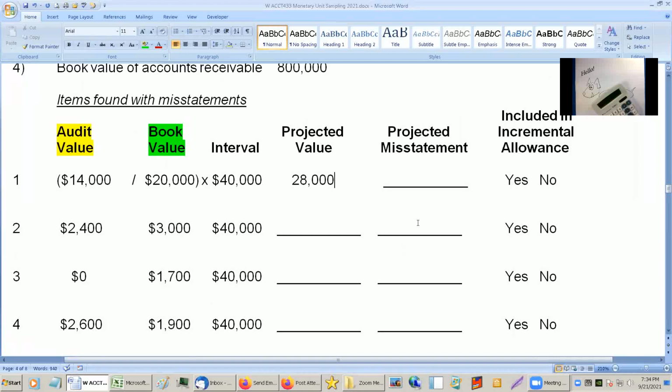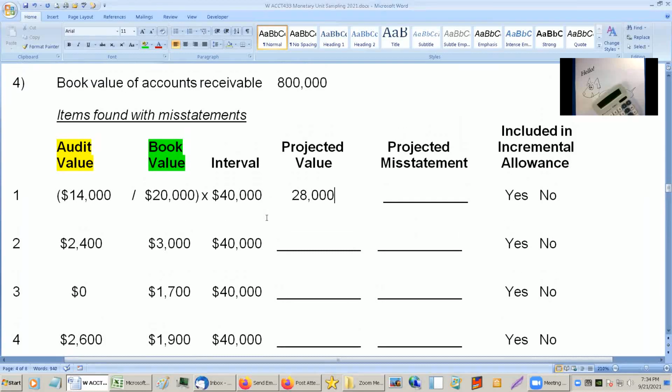So what would the projected misstatement for this interval be? So this interval, $40,000 interval, we say that it's really only valued at 28,000.